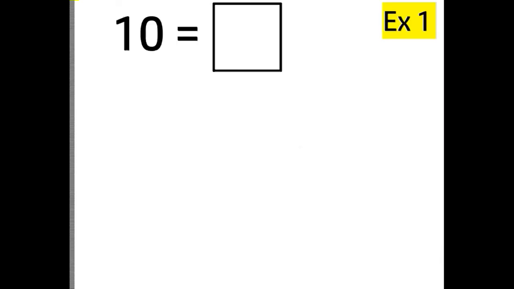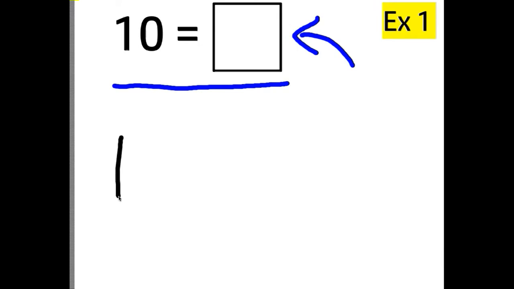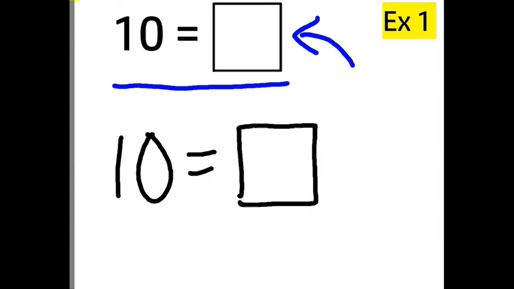For our first official example, we're going to read this together. 10 is equal to what number? And the number that we're looking for, we're going to stick inside of that box. So 10 is equal to what number? I'll give you a second to think about that. Being this is a very basic lesson, it shouldn't be too difficult for most of you. The reality is 10 can only be equal to itself.